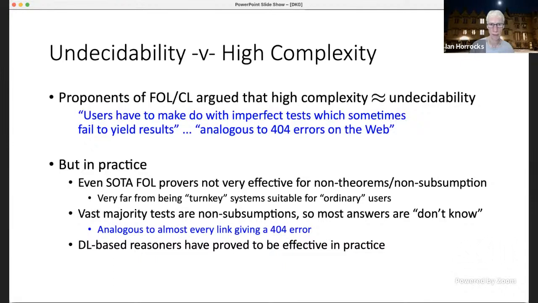In contrast, first-order logic provers are very bad at proving non-subsumption, for example. And so the analogy would really be that almost every link ended in a 404 error. And I think if that was the case, people would soon get very sick of browsing around the web.